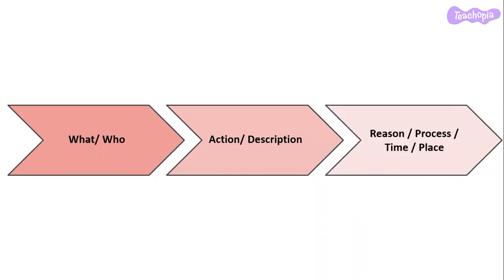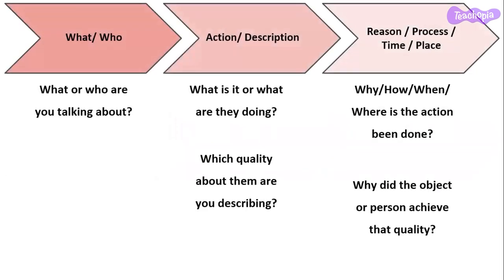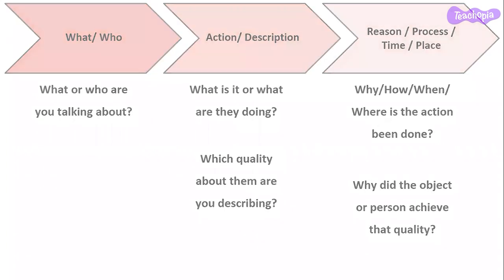We use a third block, that is reason, process, time, place. What does this mean? So when we talk about reason, process, time, or place, we are talking about why, how, when, or where an action is being done, or why an object received the quality they received. Let's see how this works when we practice it with sentences.